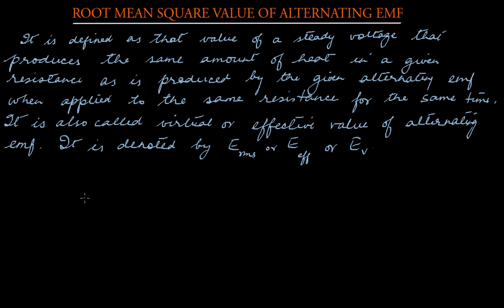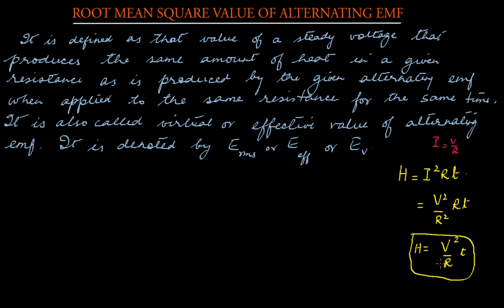The idea lies in Joule's law of heating, which says that the amount of heat produced H is equal to I square R T. But we know from Ohm's law that I is V by R. So instead of I square, we write V square by R square, times R T. So we get a new expression, H = V square by R times T. Joule's law of heating also depends on the amount of voltage that you apply in the circuit.